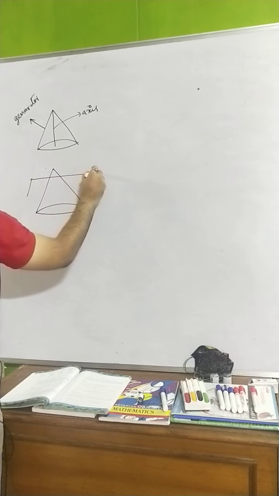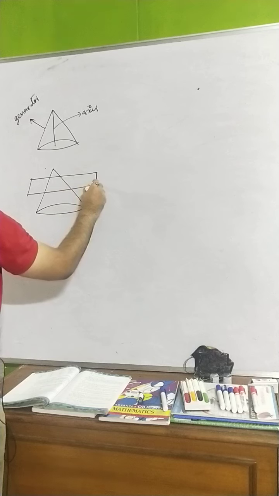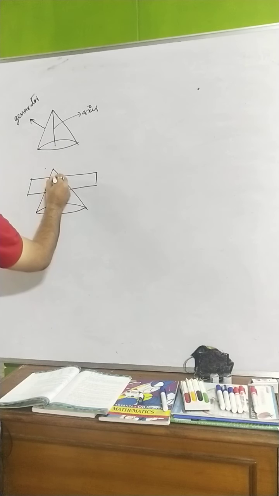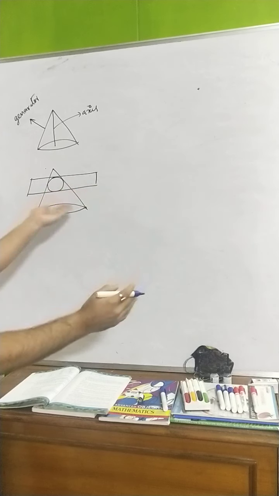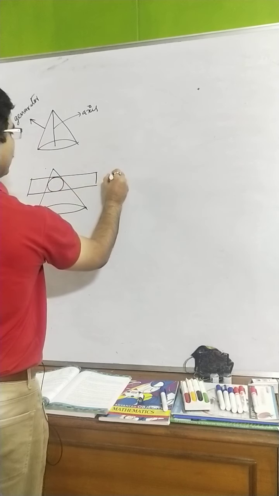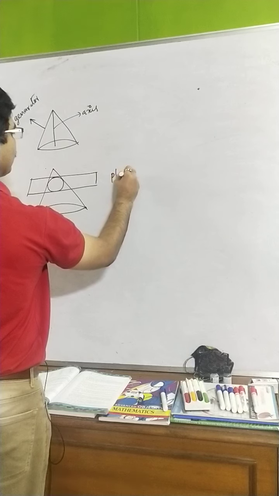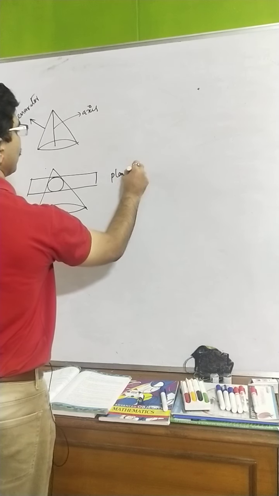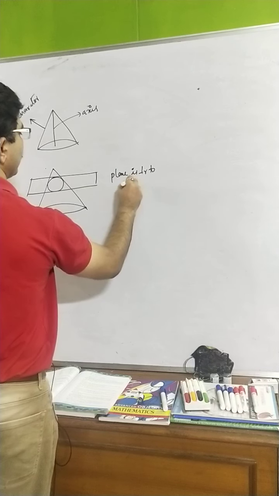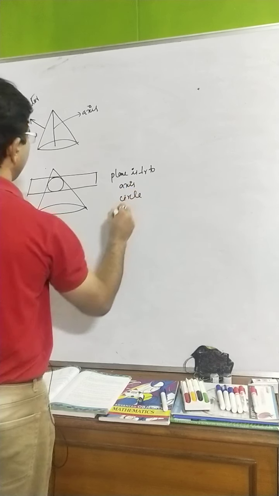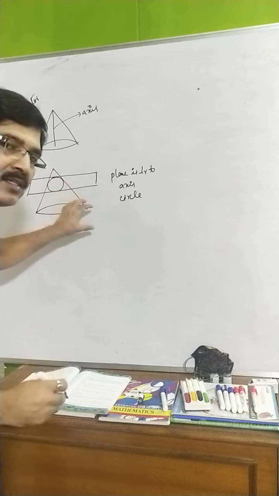You take a plane and it will be perpendicular to axis. If you cut the cone perpendicular to axis, okay, plane is perpendicular to axis, then it becomes what? Circle. The shape whatever we'll get here is a circle.